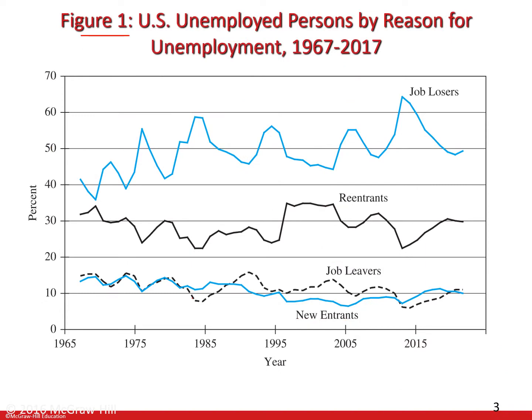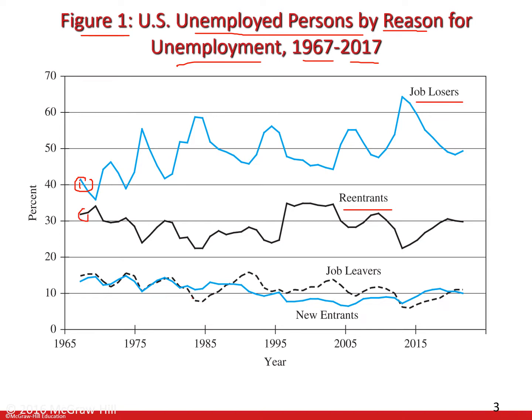Figure 1 illustrates the U.S. unemployed persons by reason for unemployment from 1967 to 2017. Figure 1 illustrates that the share of job losers in 1967 was about 40%, and the reentrants were about 31%.